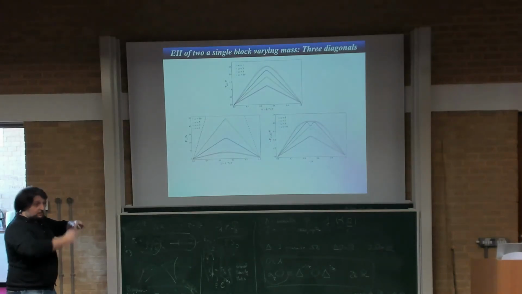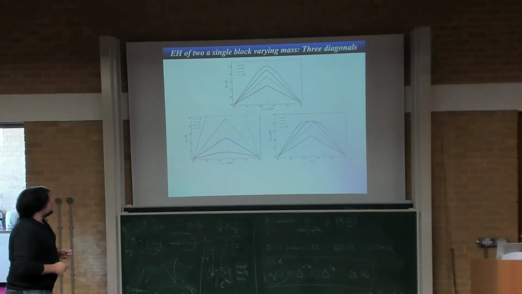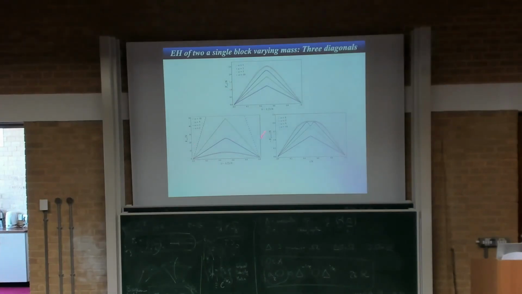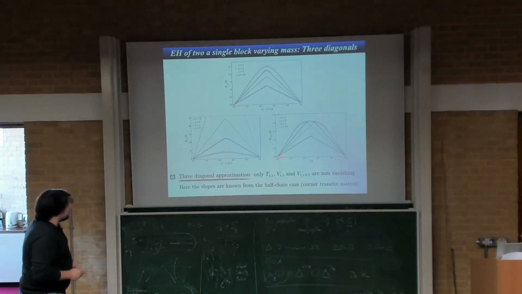If you now look at what happens on the diagonal, so this is T_ii, V_ii. For small mass, it's something like that. For big mass, it becomes a triangle. These slopes are known analytically from the Peschel formula and the corner transfer matrix approach that Frank was mentioning before.